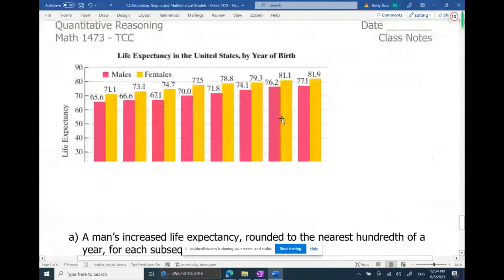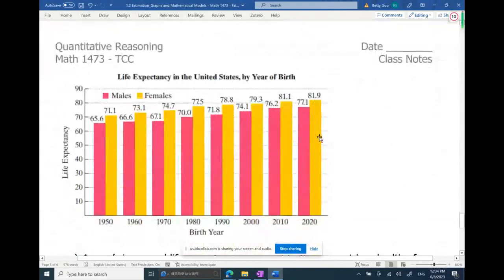Bar graphs. So here we have a multiple bar graph, actually. Multiple bar graph has more than one set of bars. As you can see from the legend, the red or purple represent the males, the yellow represent female. Horizontal scale is years, and the vertical scale is life expectancy.